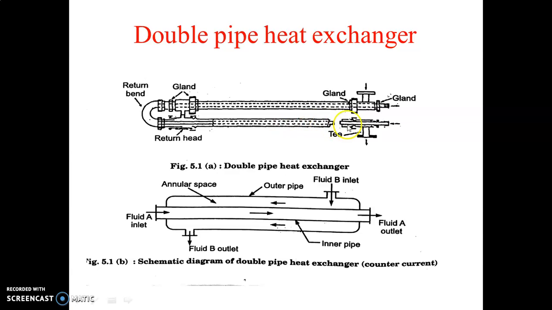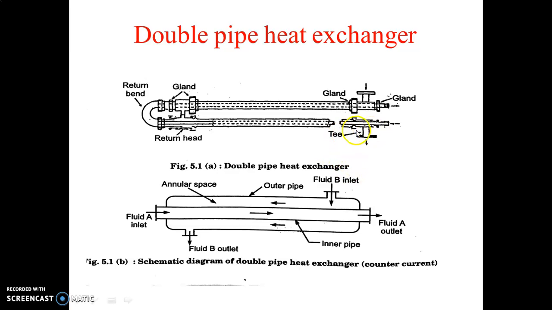If another return bend is provided, and we again join with 2 pipes, then it is called a double hairpin. Similarly we can increase the length, or the number of hairpins, in these heat exchangers.